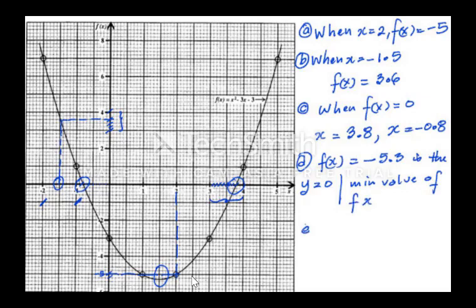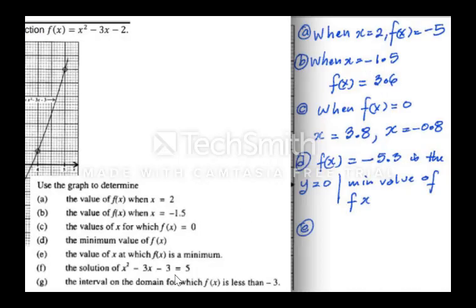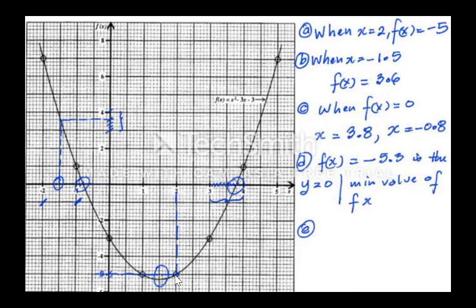E is asking for the value of x at which f of x is a minimum. So again, f of x is minimum at the lowest point here. So to determine the x value at this point, I'm going to go up until I reach the x-axis. So use your ruler and draw a vertical line. All right.